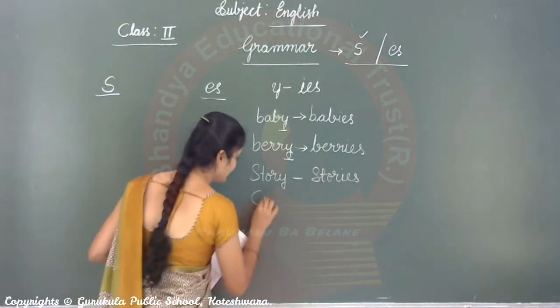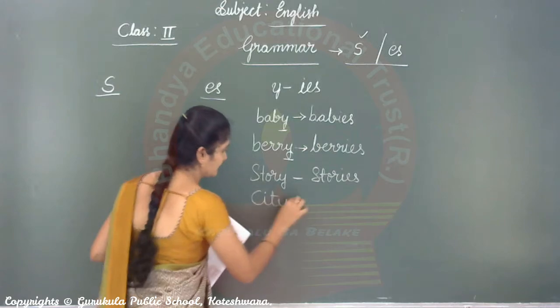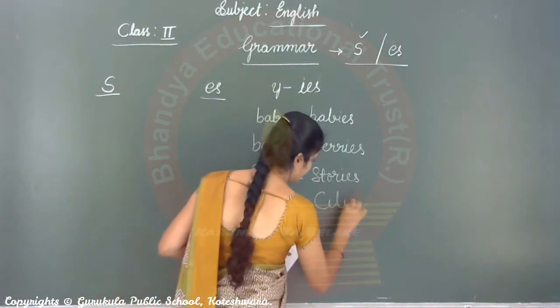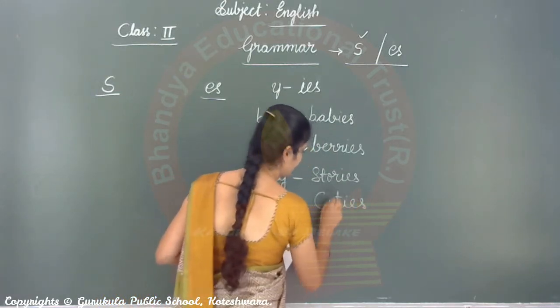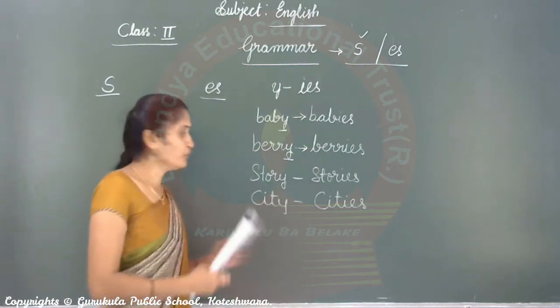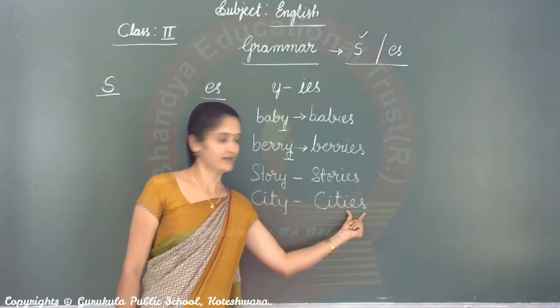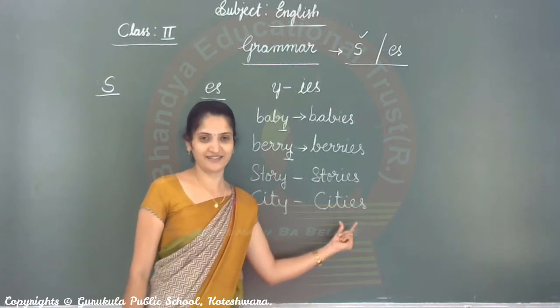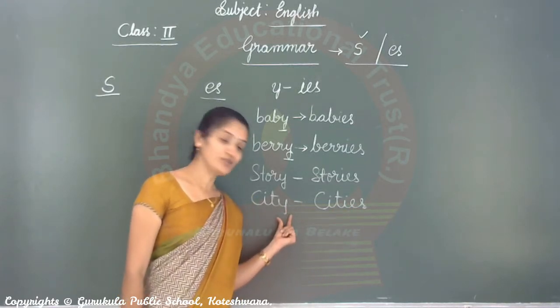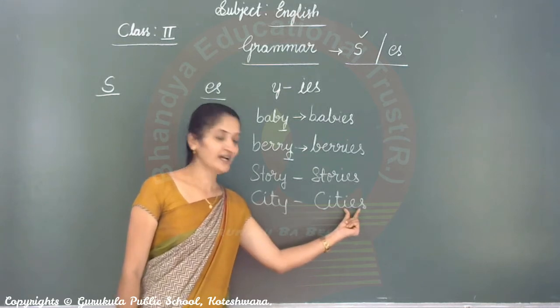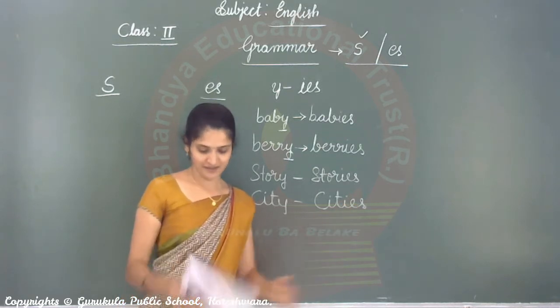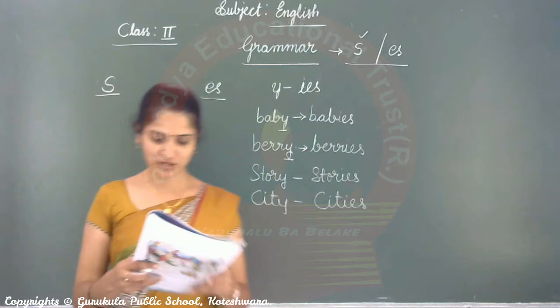Then city, cities, C-I-T-I-E-S. See, just remove that Y letter and add I-E-S. Okay. Next, come to many option.